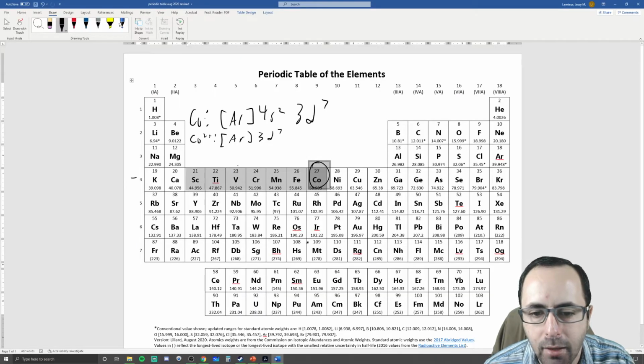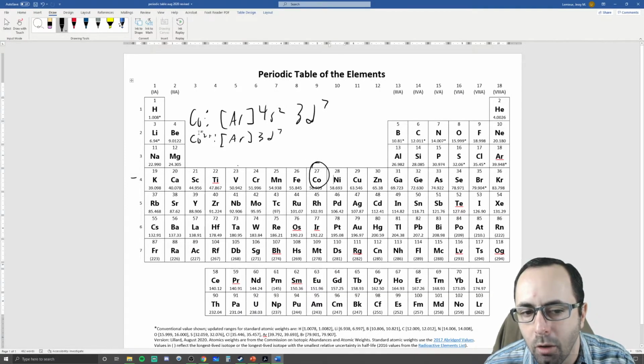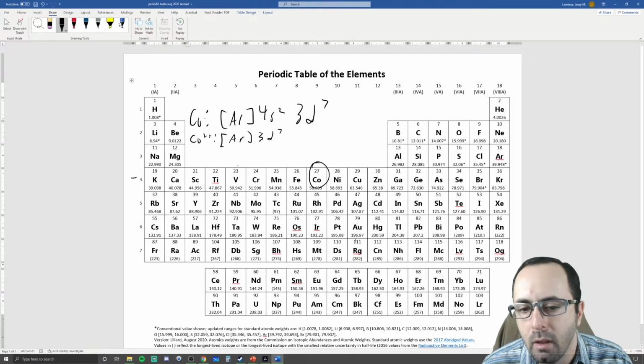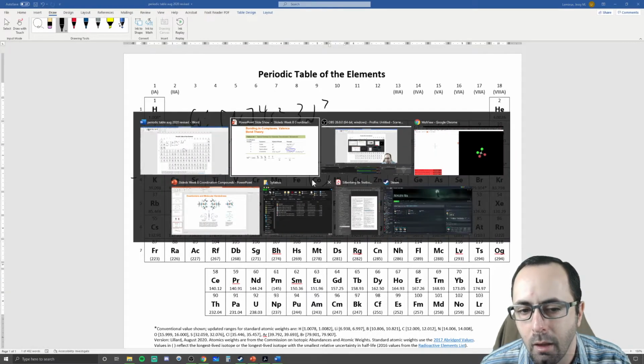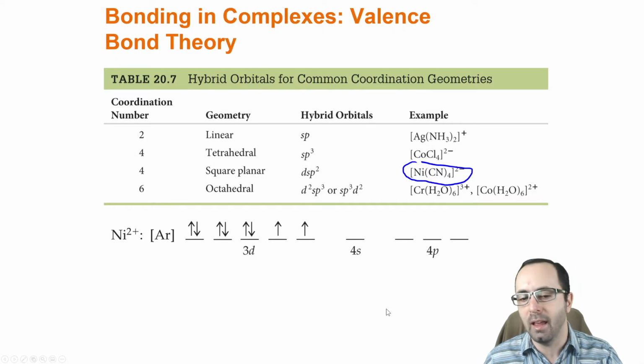If we go back, we can see why this is the case. So cobalt 2+ had the electron configuration argon 3d7. Nickel 2+ would have the electron configuration argon 3d8. So it's a d8 complex, or d8 ion. That's what we would generally call it. And the complex will be d8.